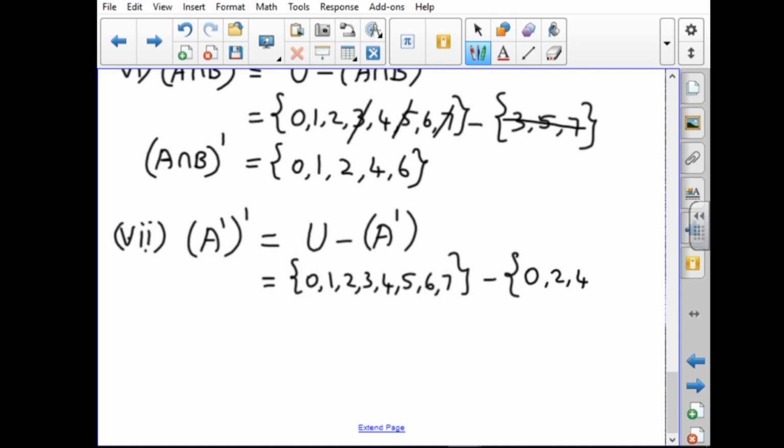We already know that A dash whole dash is nothing but A, so we get the answer of A: 1, 3, 5, 7.